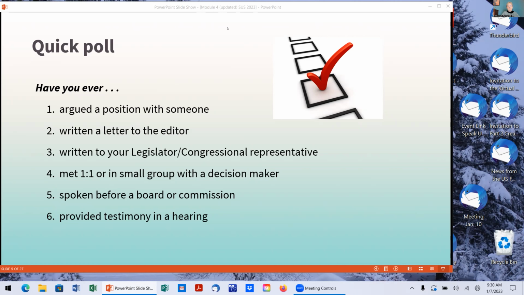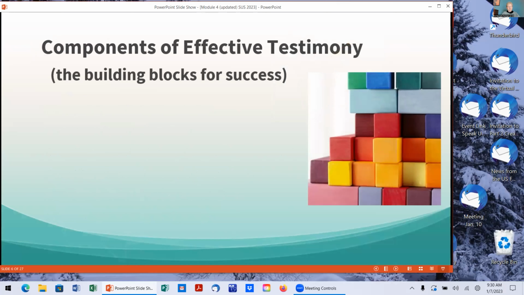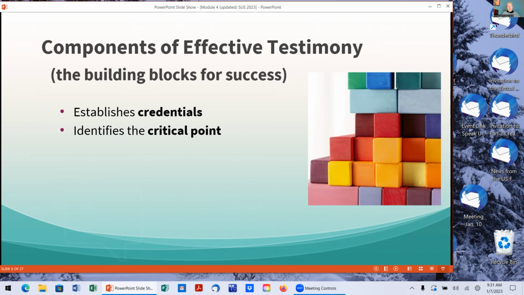From examples and from the literature about effective testimony, we know that there are certain building blocks that make a testimony effective. First, effective testimony establishes your credentials, who you are, lets people know. Secondly, it identifies the critical point, the issue, the topic that you're testifying about.